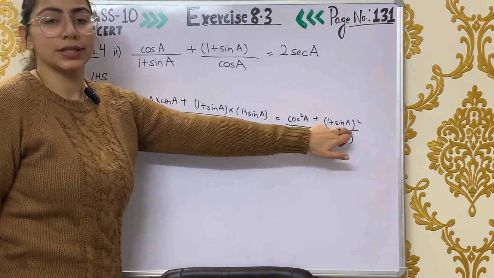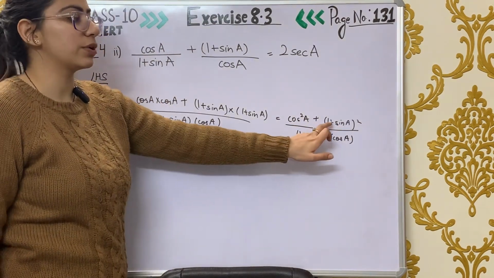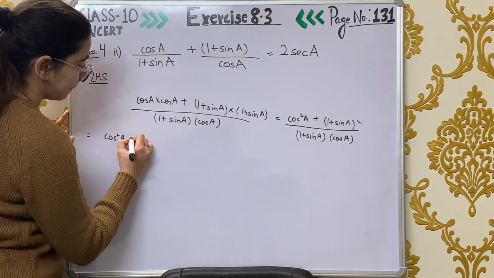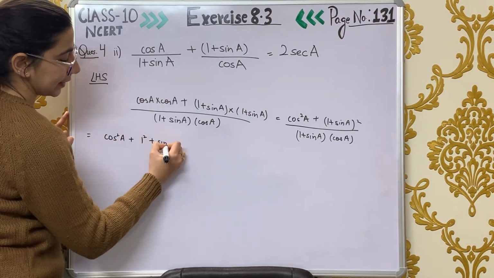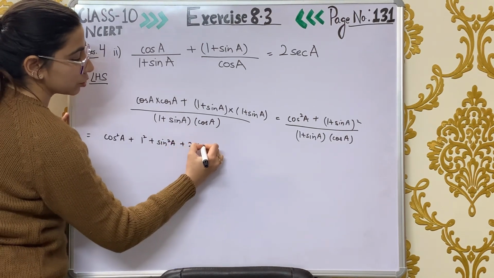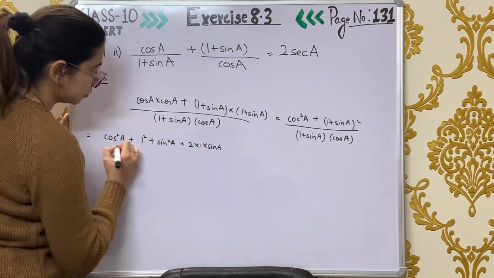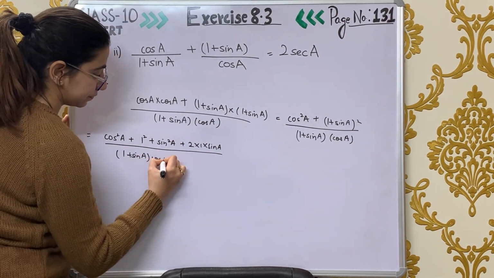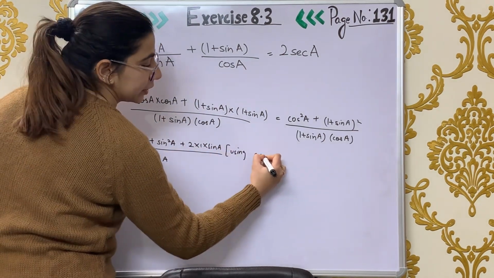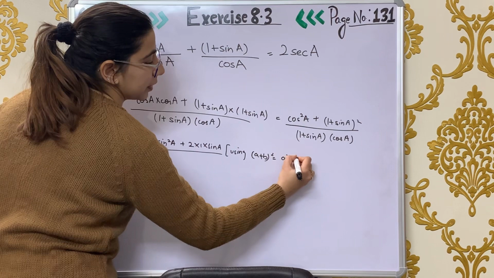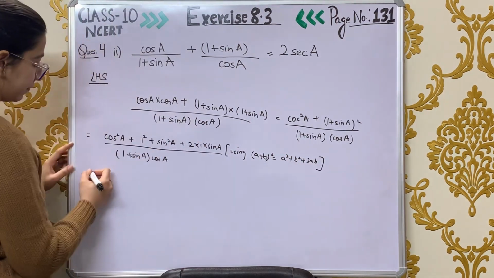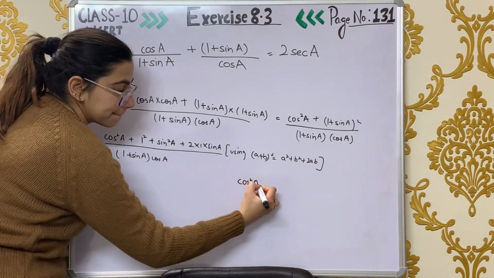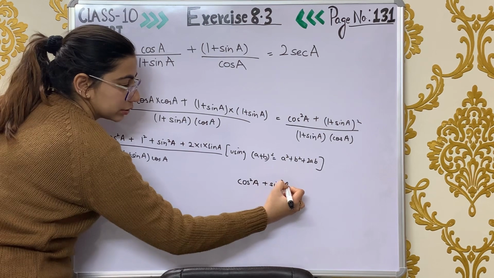Now we can open this using identity a plus b square is equals to a square plus b square plus 2ab. So let's just use that, which is cos square a plus 1 square plus sin square a plus 2 into 1 into sin a upon 1 plus sin a into cos a. Now solving this, we also know an identity which is cos square a plus sin square a is equals to 1.